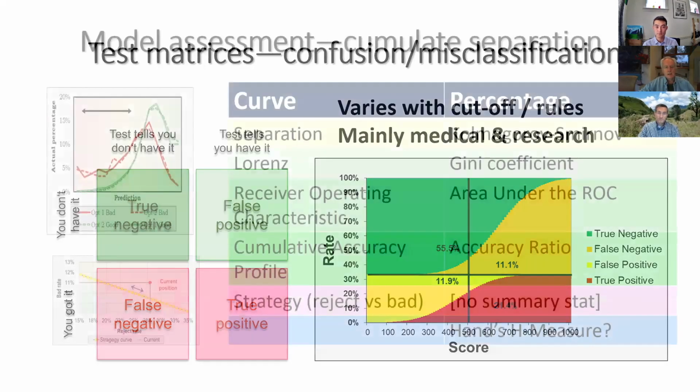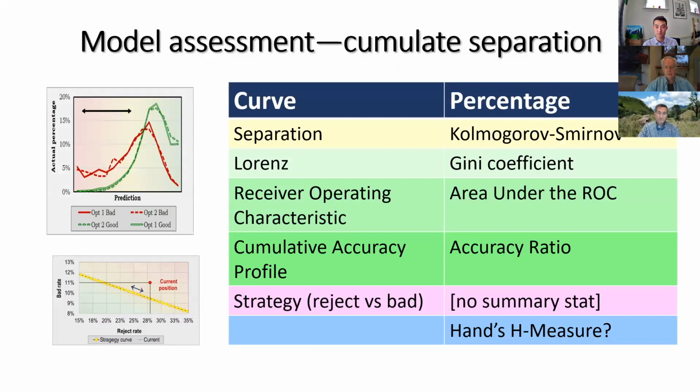And then you get the cumulative separation, or at least that's what I call it. Basically, does it separate the groups that you're looking at? True or false, success or failure, good or bad. There are a number of different measures. In some instances, they are simple. One is a simple conversion of the other.